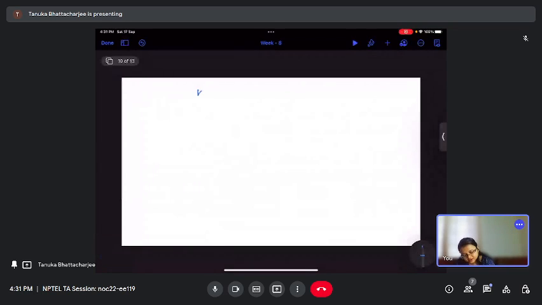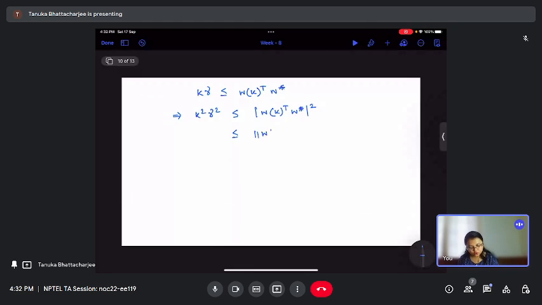So, we have k gamma less than or equal to wk transpose W star. Now, if you take the square, k square gamma square will be less than or equal to mod of wk transpose W star square. Now, this mod square, you can write, is less than or equal to norm of wk square into norm of W star square, right.